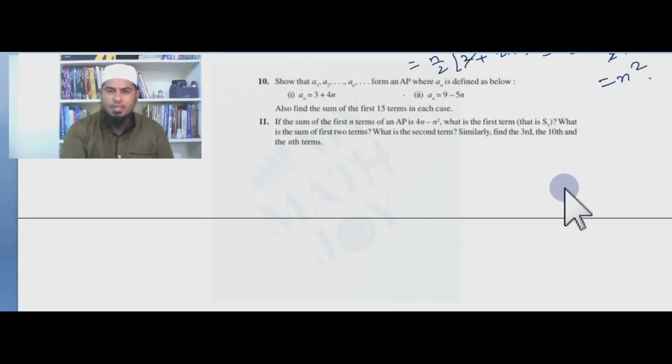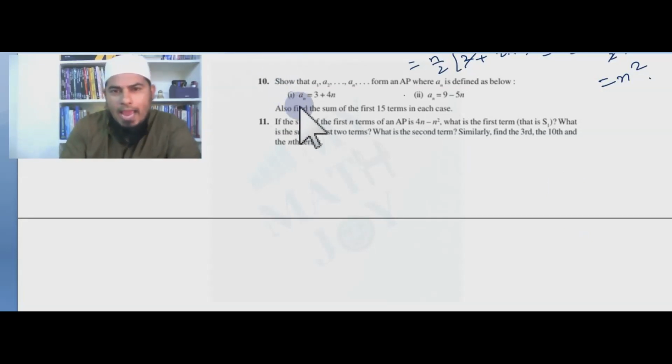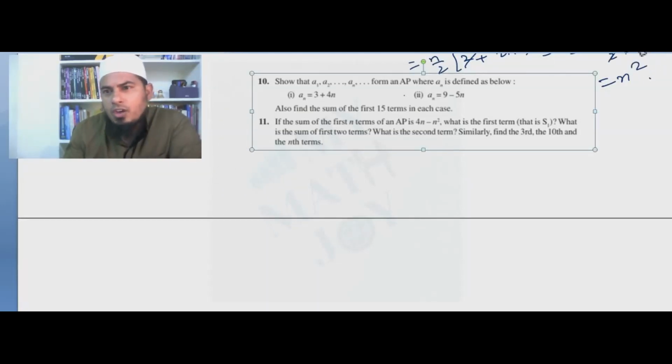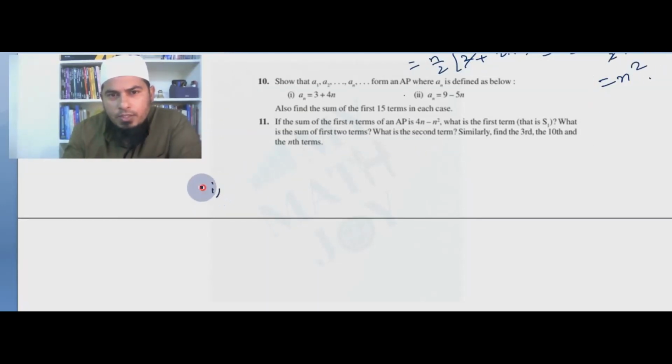10th question. We have done this in our module also, example questions where we got one question of this kind. Show that this forms an AP. Actually the nth term of the list is of the form. So I'll do one question, you do this question. Here the 10th question is telling me to solve the first question. An is 3 plus 4n.